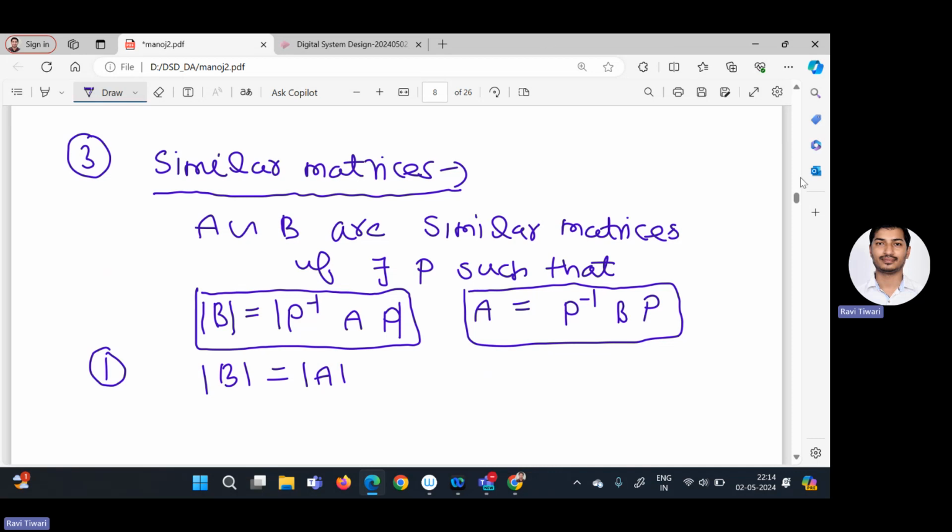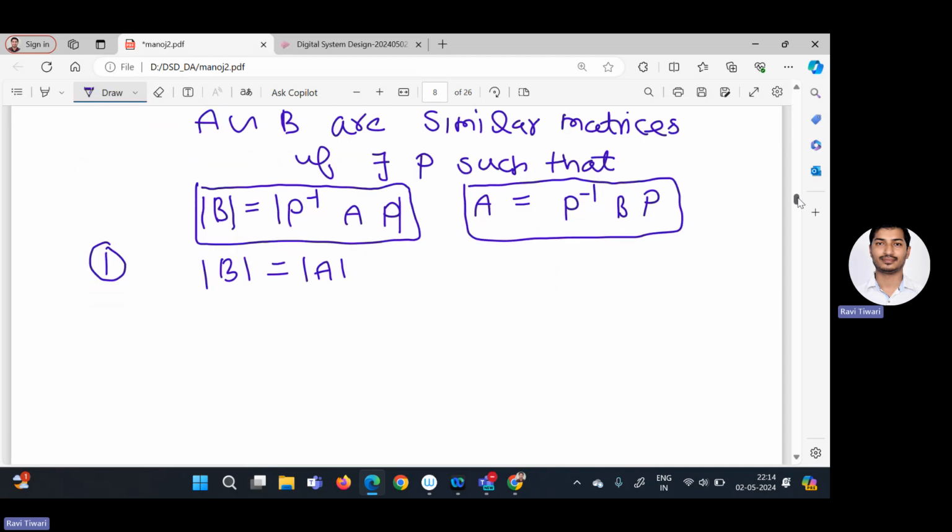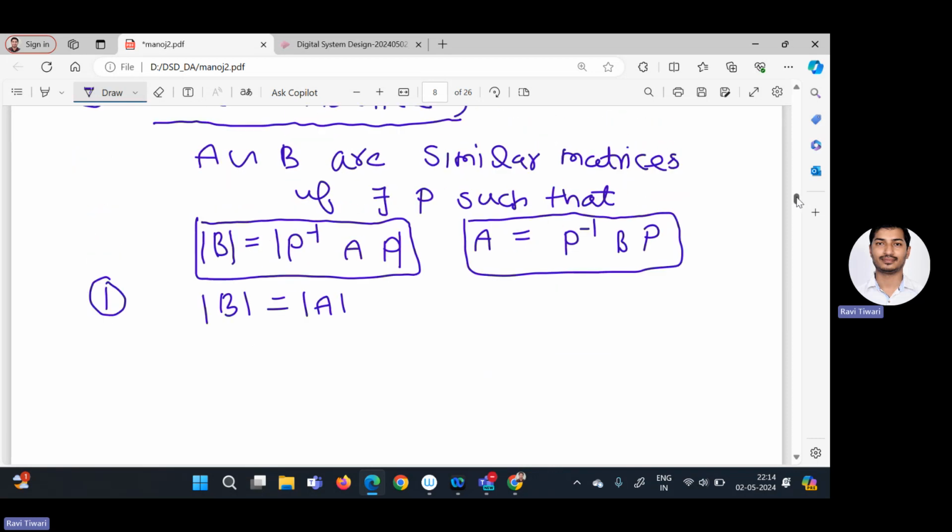So similar matrices have the same eigenvalues, trace and determinant, but eigenvectors may or may not be the same.